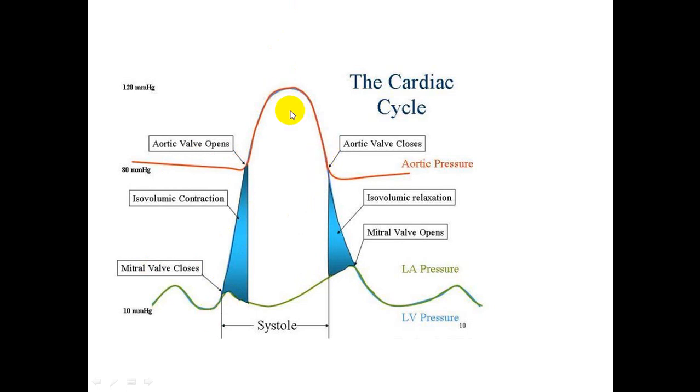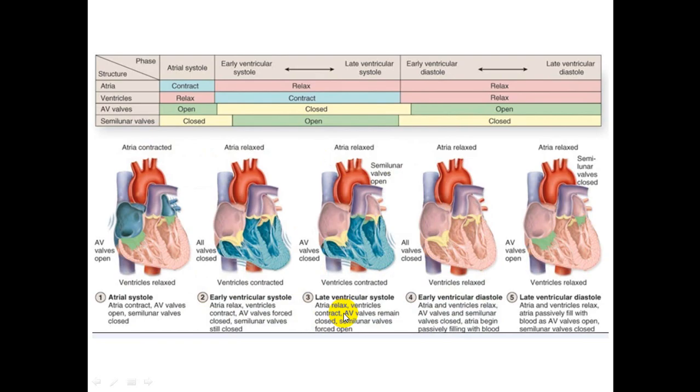At the end of systole, the aortic valve closes again, giving us the second heart sound, and the tricuspid and mitral valves close once again. This is what is called isovolumic relaxation. The mitral valve opens there, giving S1. It is important to see the pressure, volume and phases of the cardiac cycle.